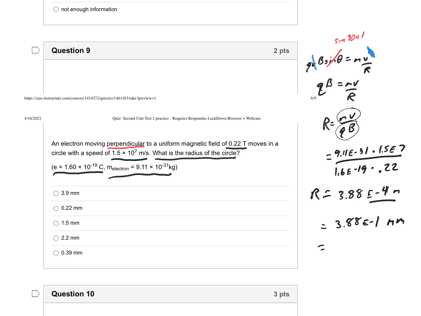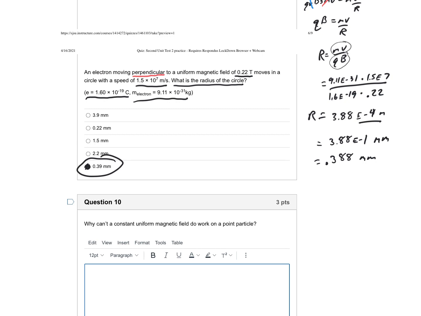In other words, 0.388 millimeters, which we'll round, and this is our answer. There we go. I did this quickly because I've already done the calculation on my calculator, so I just referenced what I'd done in the past.